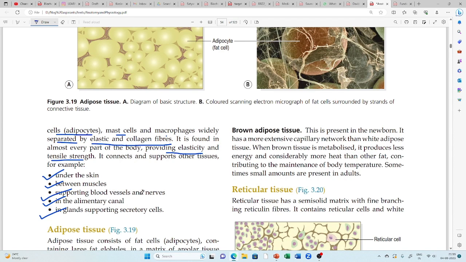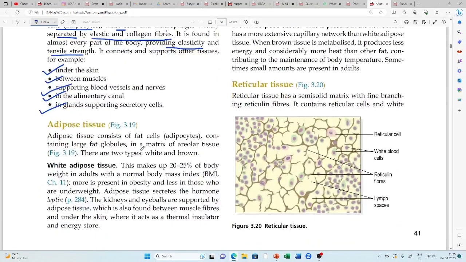These cells are widely separated from each other by elastic and collagen fibers, so it is very elastic. Everywhere we can see it. This is the first type.